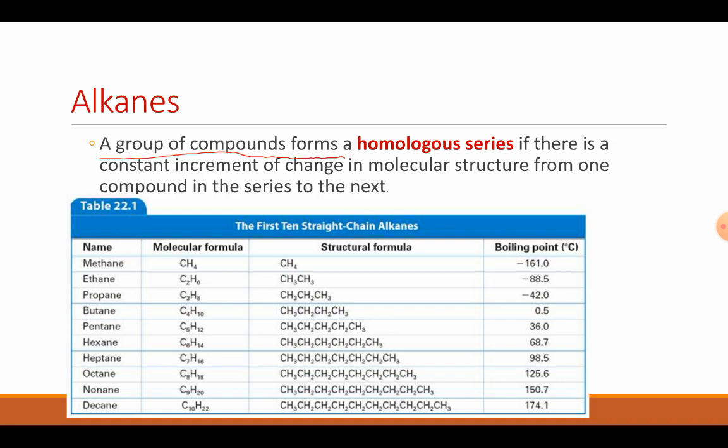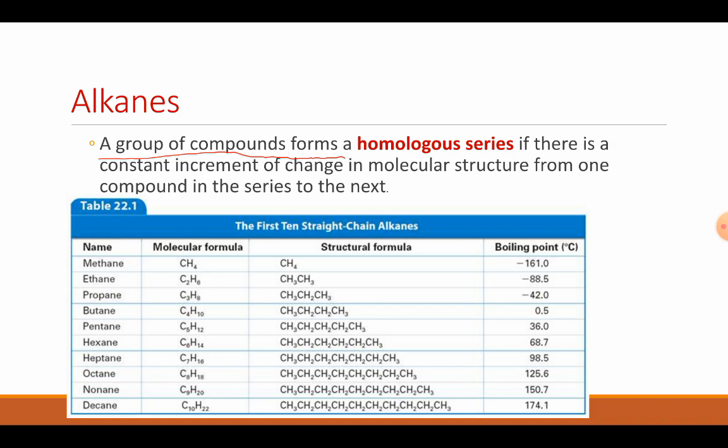The first one was CH4 because each carbon needs 4 bonds, so it will attach to 4 what? Yes, 4 hydrogen atoms. The first one, CH4, is called methane. The second one, CH3, CH3, is ethane.